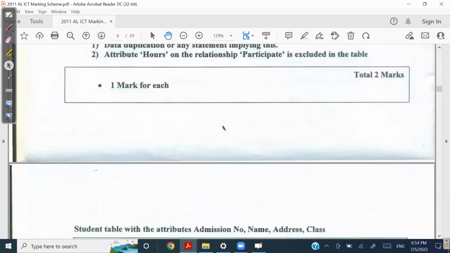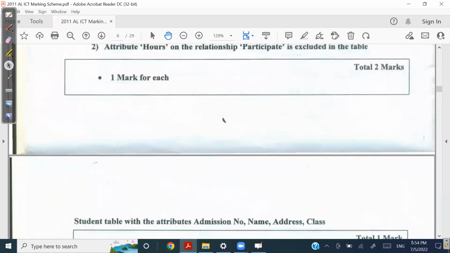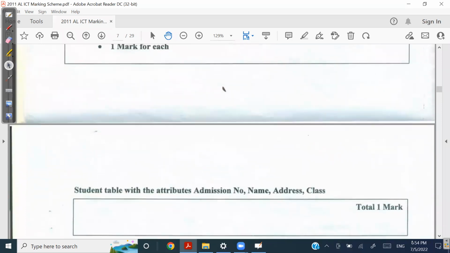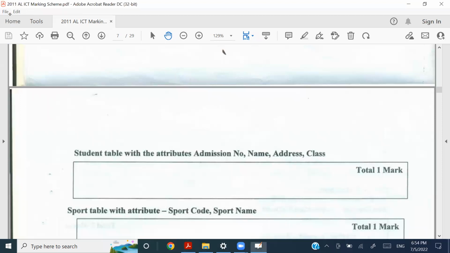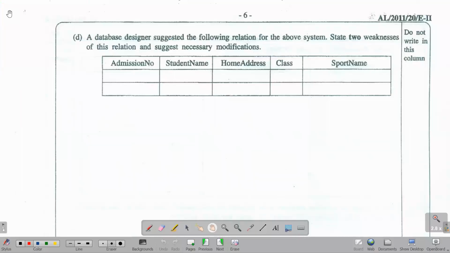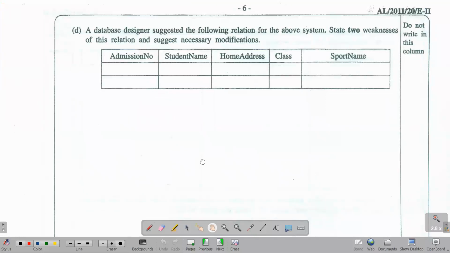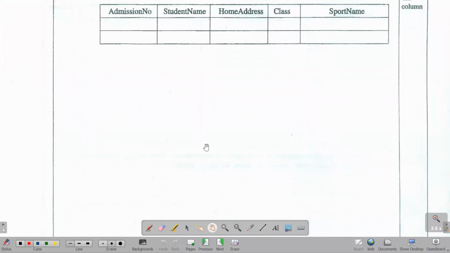And they are asking for the necessary changes. Necessary changes means it's the correct schema that you need to write regarding the ER diagram. If the ER diagram is drawn correctly, it is easy for you to convert it into a particular schema.